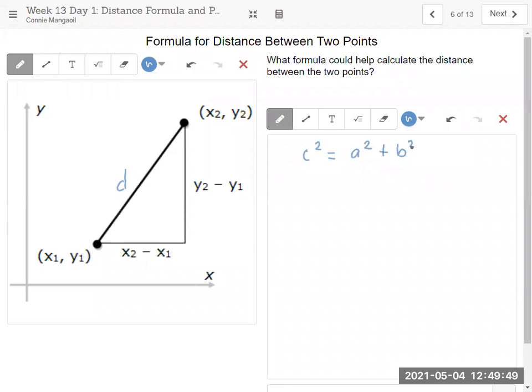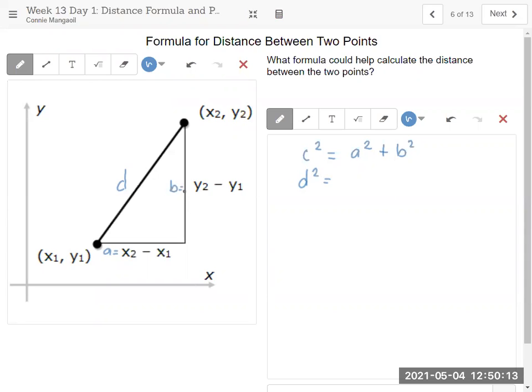Okay? So if you do not have a grid, this is what you use. Now your c is the hypotenuse, and the hypotenuse here is d. So instead of using letter c, we will use letter d. So that's d squared. Okay? Remember, this is your a, and this is your b.